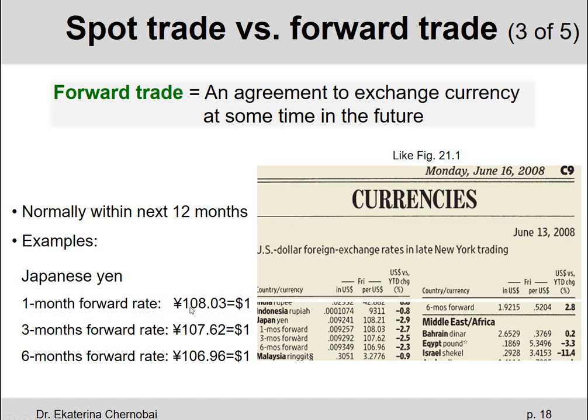So you're locking it in today, you enter this 1 month forward trade agreement, and you will be using this exchange rate in 1 month. Whether you benefit from it or you lose from it, which depends on what the actual exchange rate will be in 1 month, that's a different question. Then the 3 month forward rate is 107.62 yen per dollar. 6 months forward rate is 106.96 yen per $1.